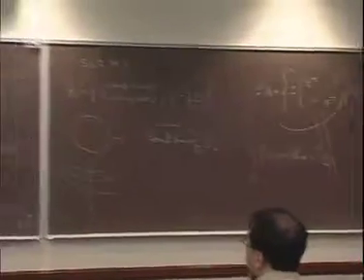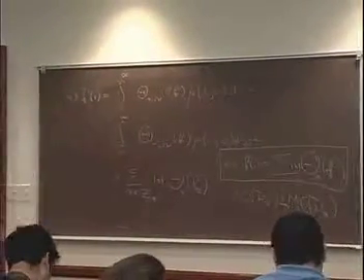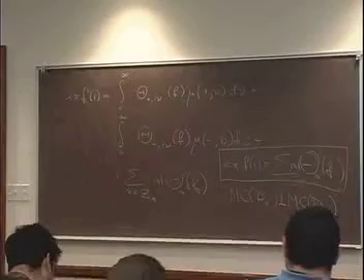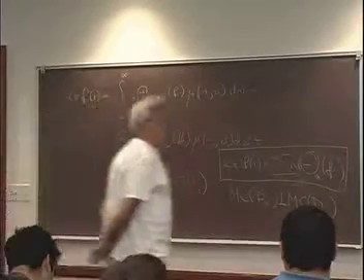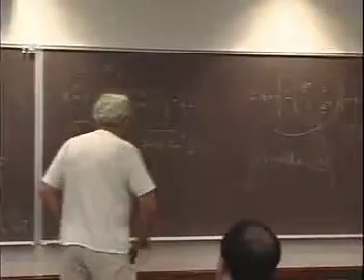So if you want, this is the definition of formal dimension. The definition comes from writing down the orthogonality relations.